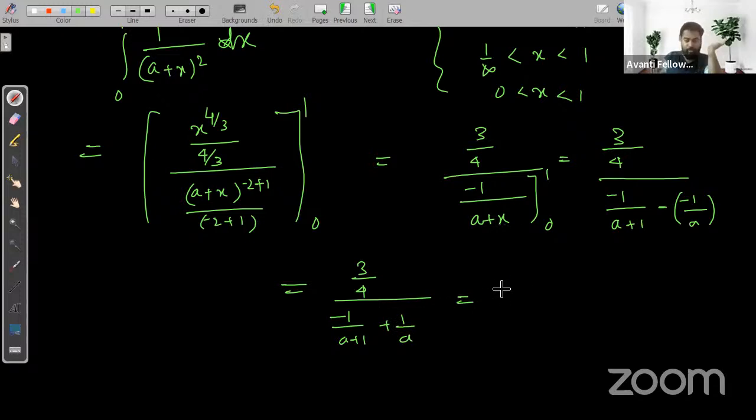You will calculate and get a square plus a, which is given as 54.